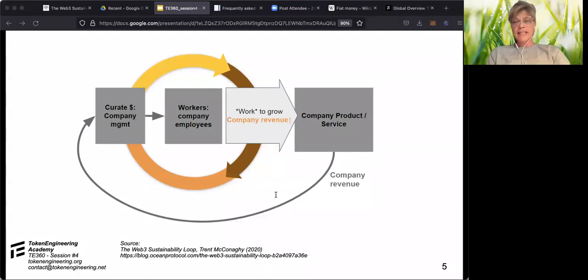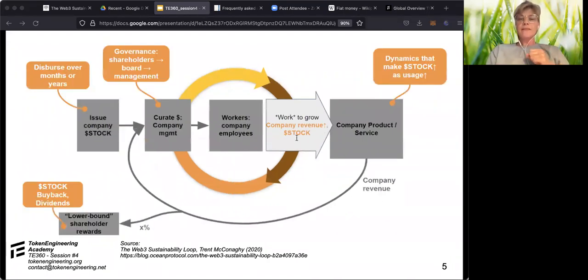The company's management, we see it on the left, allocates and curates the company revenue to get more resources, like new product features, new products, new verticals, spin-offs, whatever, or hire more workers to grow the company even further. So it's a loop. The revenue is put into growth. If allocated well, it begets more revenue.